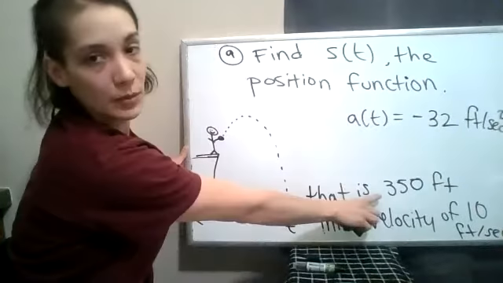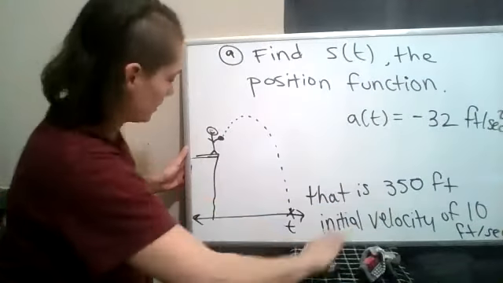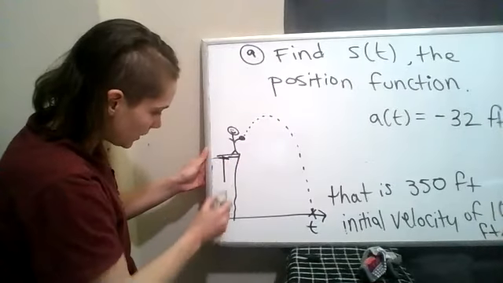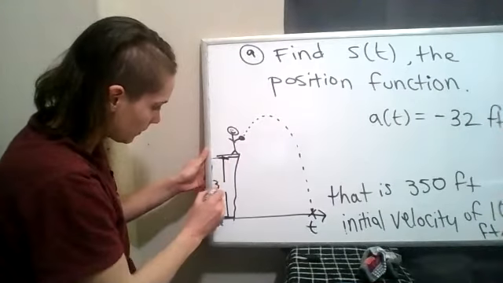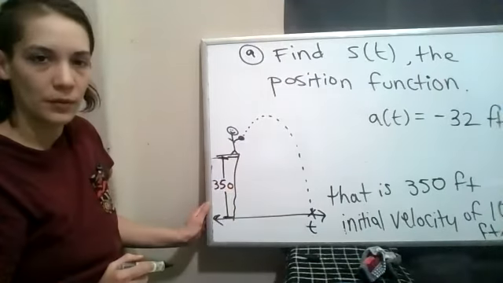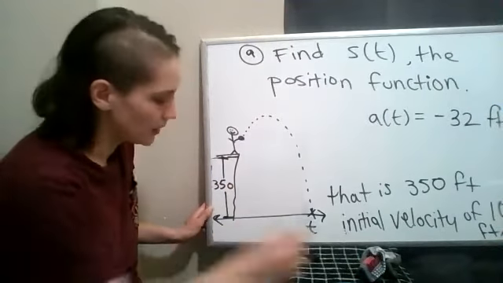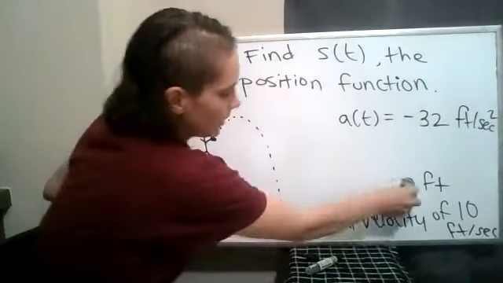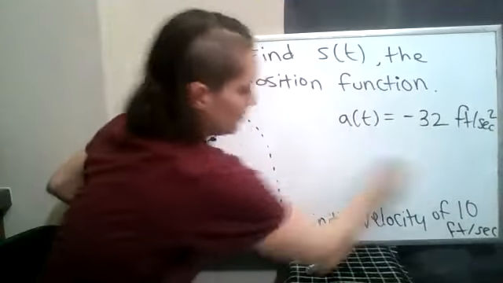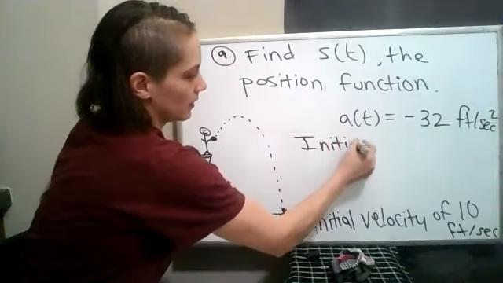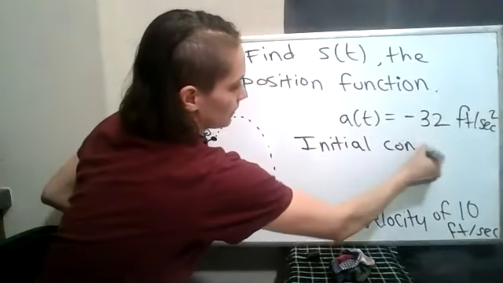All right, let's put that label as how high we are. Here to here is 350. Cool. And let's put our initial velocity. Actually, first let's start with some initial conditions.